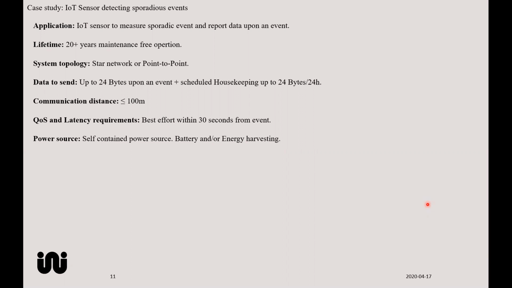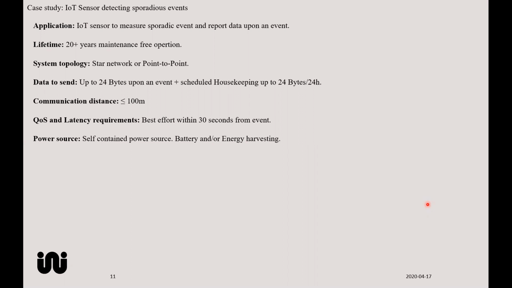Each sensor node needs to live for 20 plus years of maintenance-free operation. The thing is that it costs a tremendous amount of effort and cost to go to these sensors and repair or maintain them. So they need to be maintenance-free for 20 plus years.